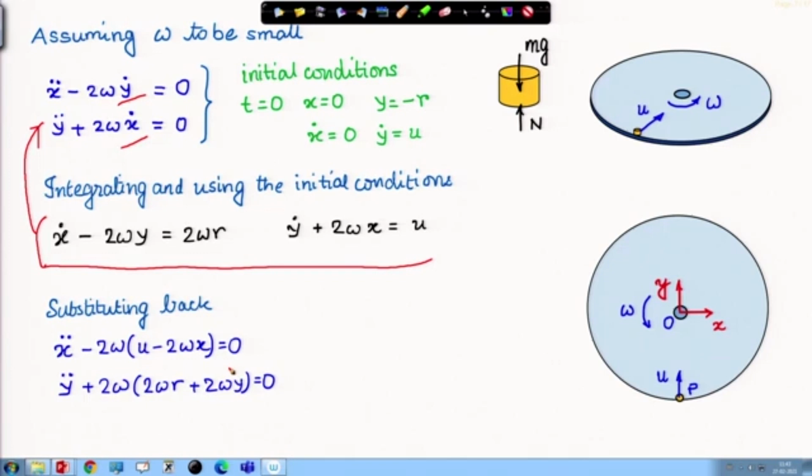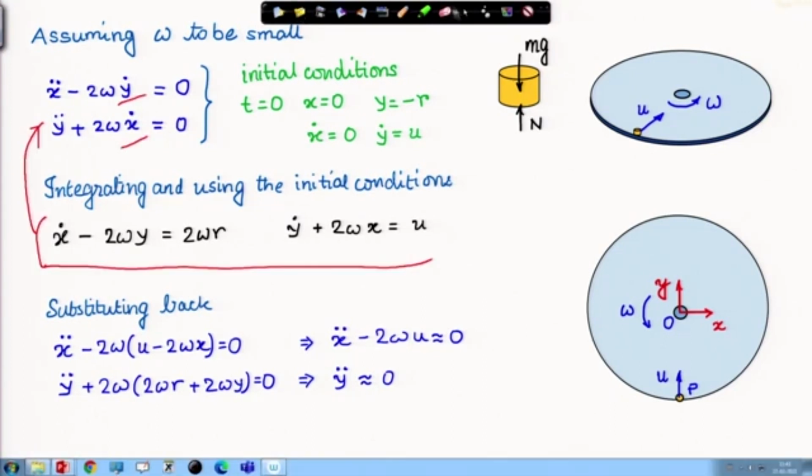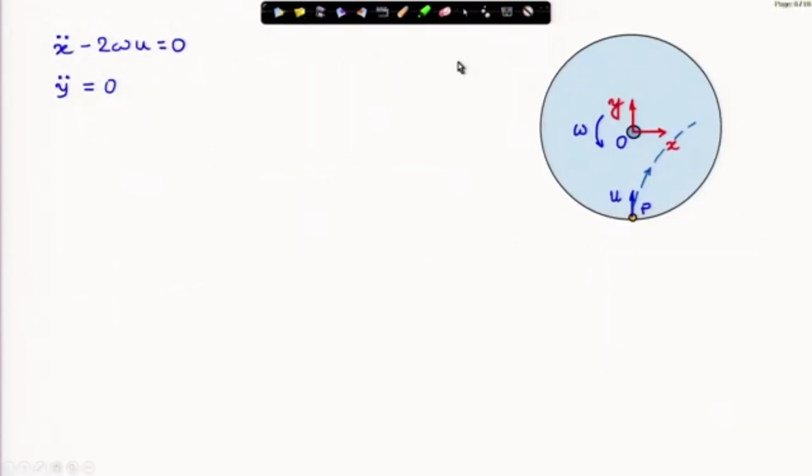If I drop omega square once again, then the first equation gives me x double dot minus 2 omega u is equal to 0, it is constant, and y double dot is 0, so approximately 0. So, these are our simplified equations.